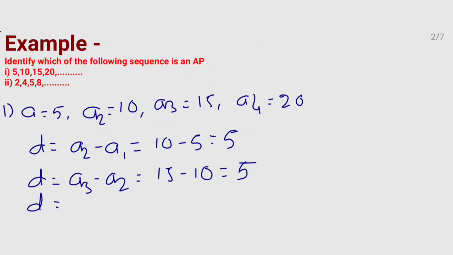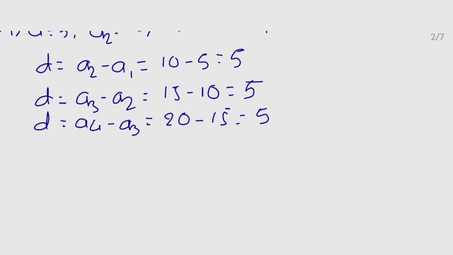And next, D equals A4 minus A3. A4 is 20 minus A3 is 15. So 20 minus 15 is 5. So look at here, D is constant.